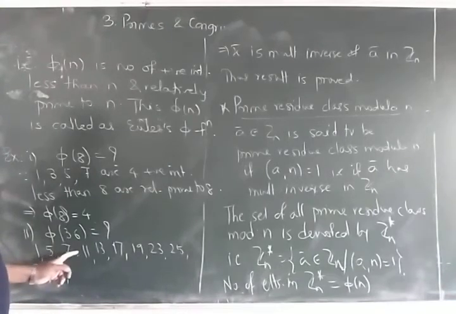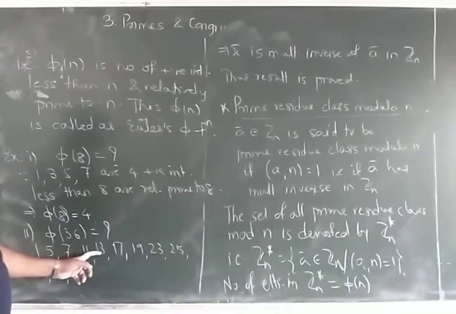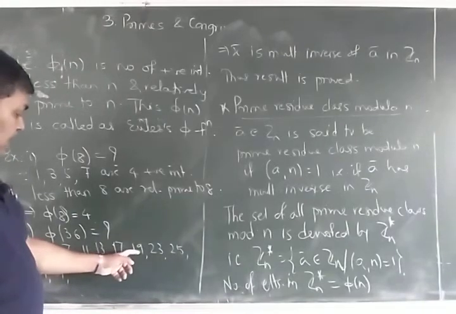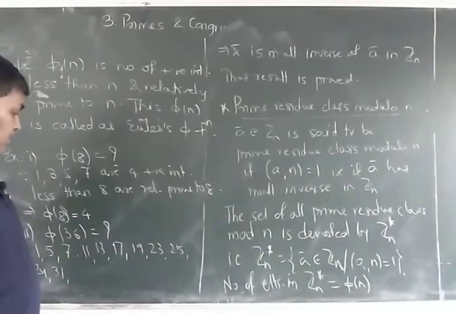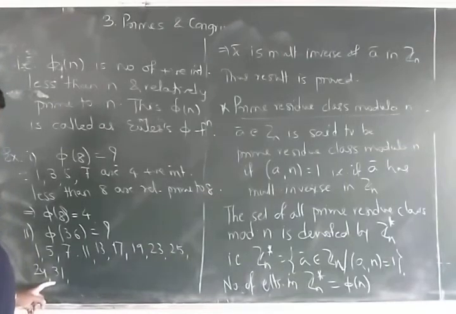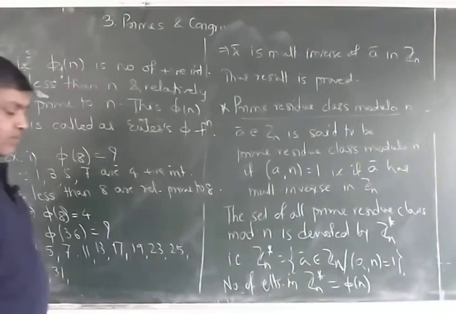So: 1, 5, 7, 11, 13, 17, 19, 23, 25, 29, 31.